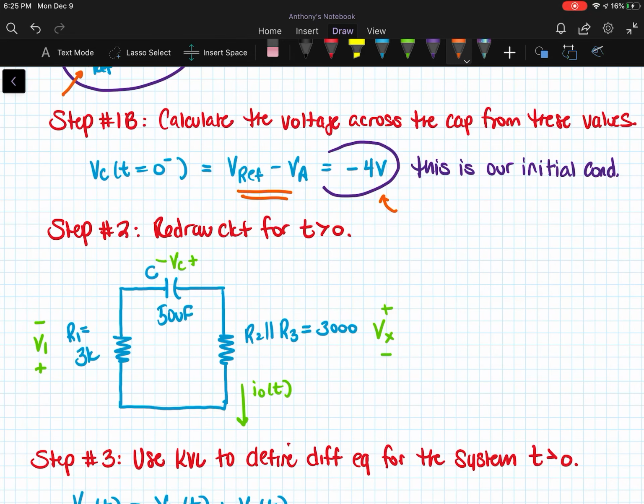And so that'll be 0 minus 4, a positive 4 volts, which gives us a negative 4 as our answer here. Now the rest of the problem is using the same steps that we applied for 7.3.